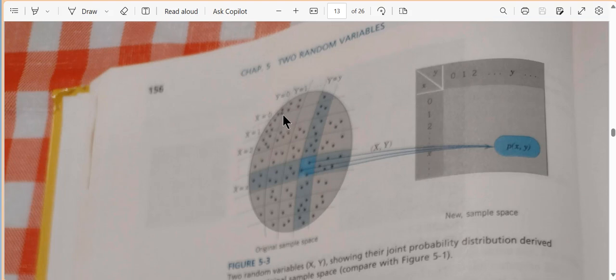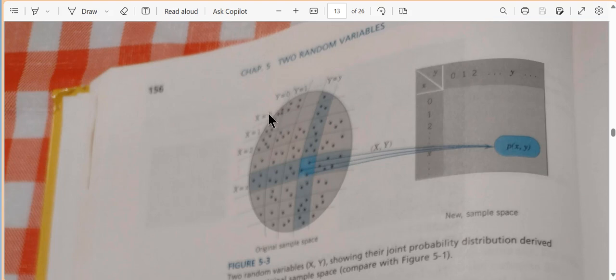We've used this language somewhere before: we can say that these different values of y partition the sample space. They form a partition of the sample space. And then we can also do x equals 0. There are certain sample points that have x equals 0, certain sample points that have x equals 1, x equals 2, and so on.